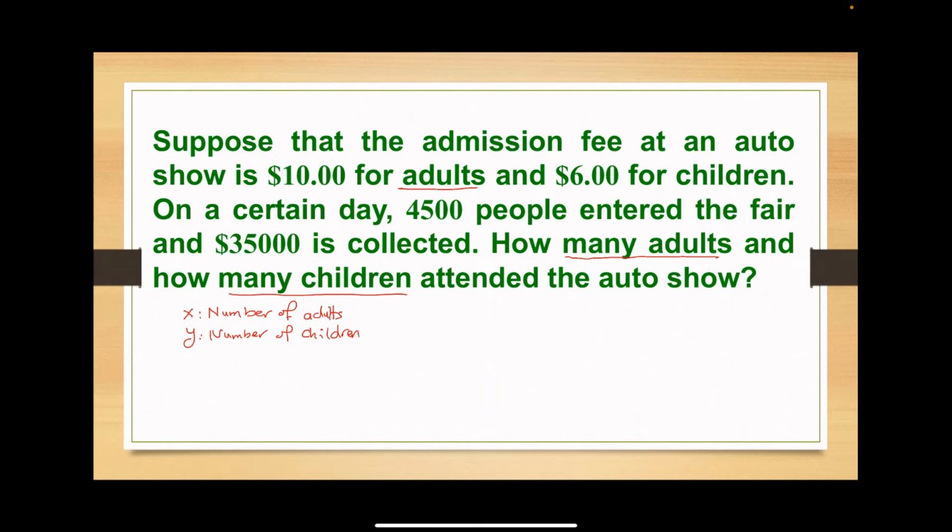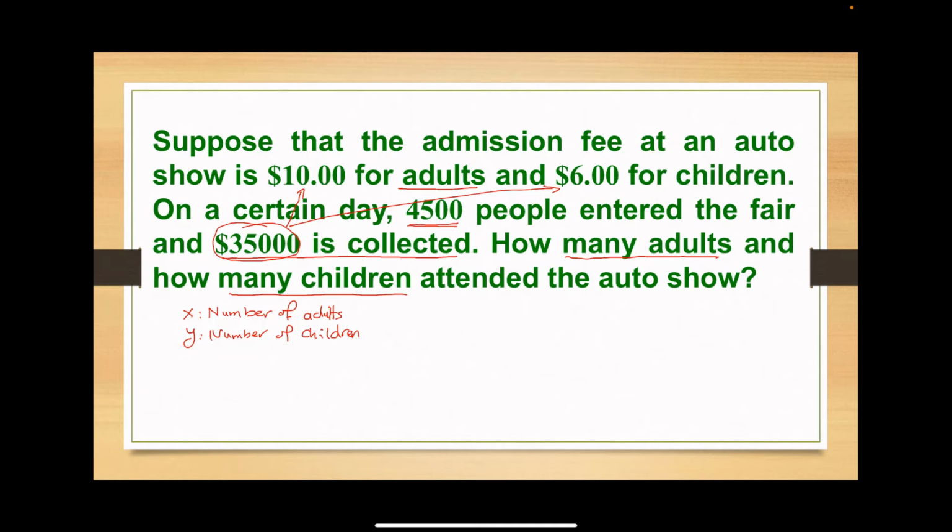Now the second piece of information is the money collected, which we know is 35,000, and the number of people who entered the auto show, which totals 4,500. First of all, we know that this 35,000 will be connected with the $10 and $6.